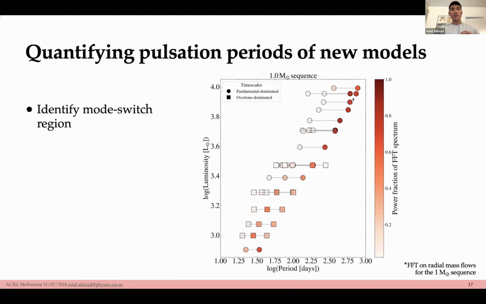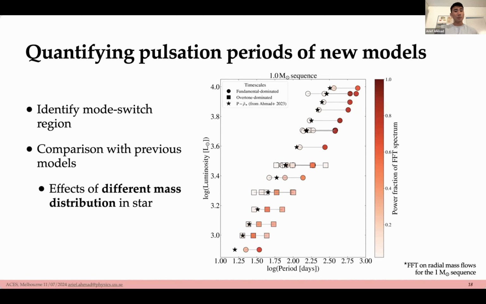Circles are where the fundamental mode is dominating in the pulsations, and squares are where the overtone begins to dominate. And as you've seen before, it separates nicely in the middle here. And this mode switch is good to be quantifiable, as we're trying to understand it better.